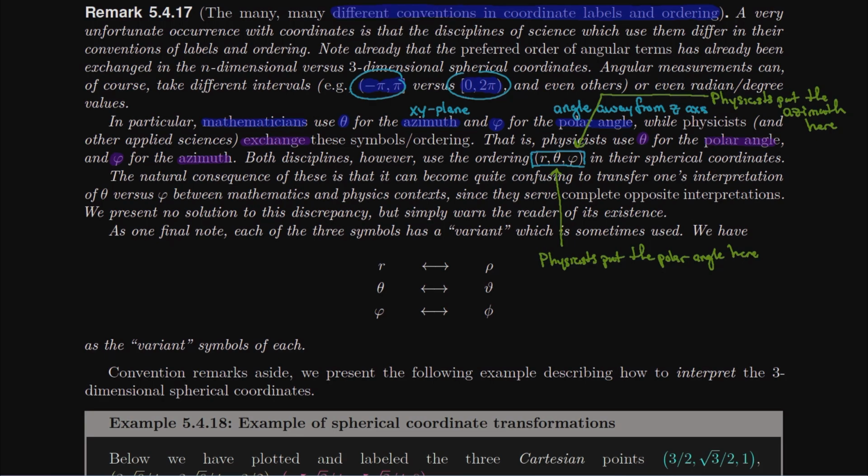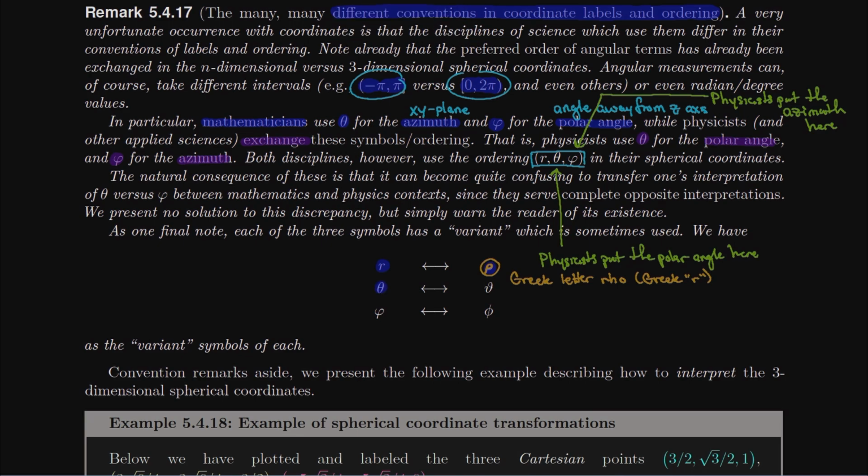And to add salt to the wound, there are different versions of each of these symbols. So sometimes instead of R, you'll see this, which looks like a P. This is actually the Greek letter rho, which is the Greek R. It says Greek letter rho, even though it looks like a P. That'll be used to mean radius quite often, so you'll see that sitting around in spherical coordinates.